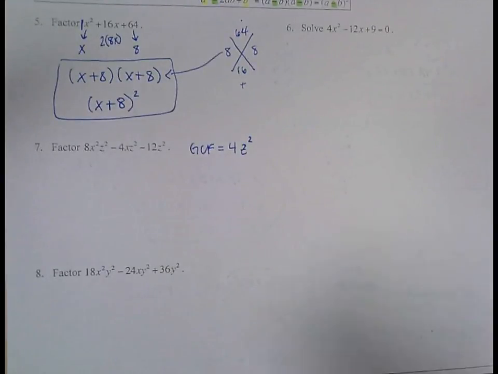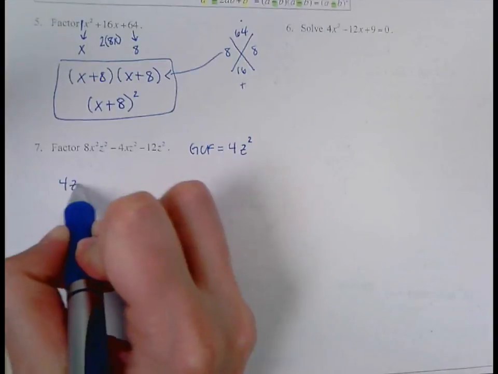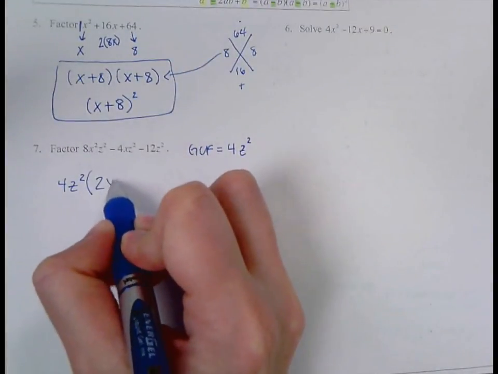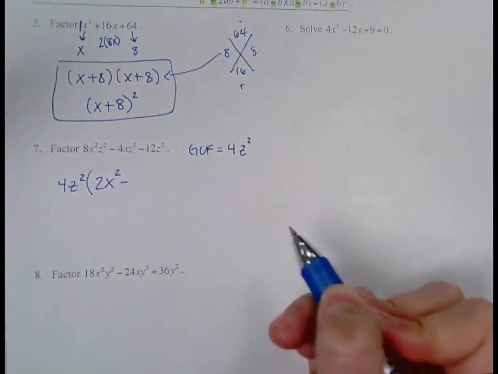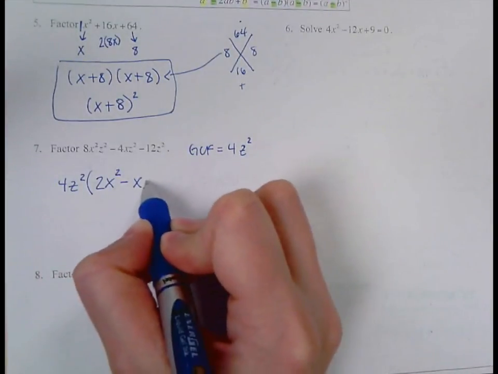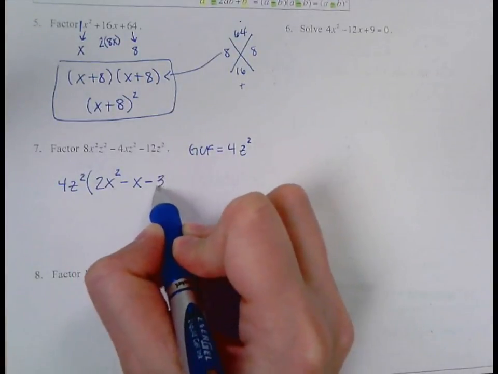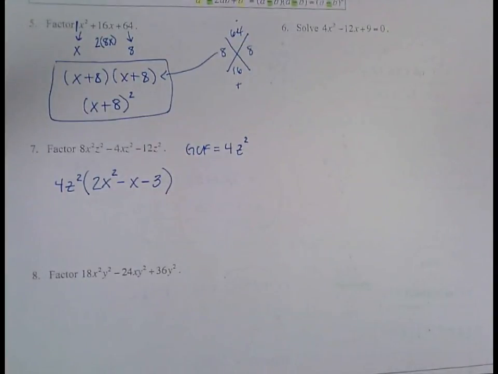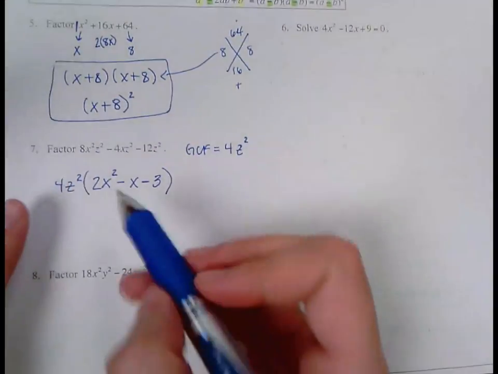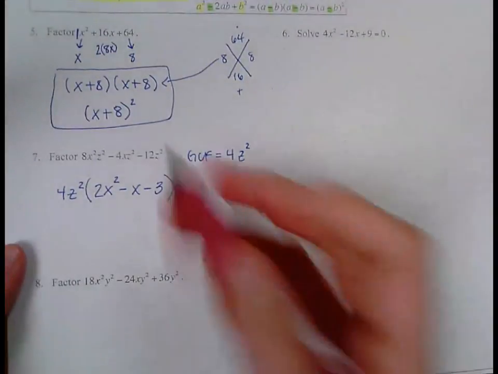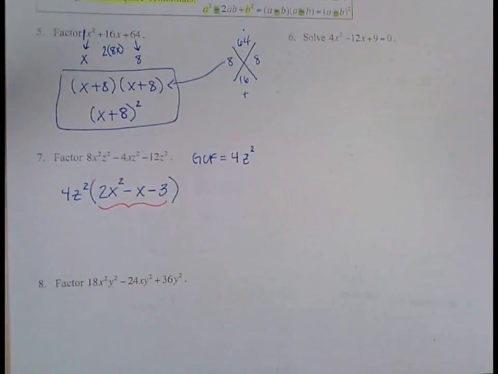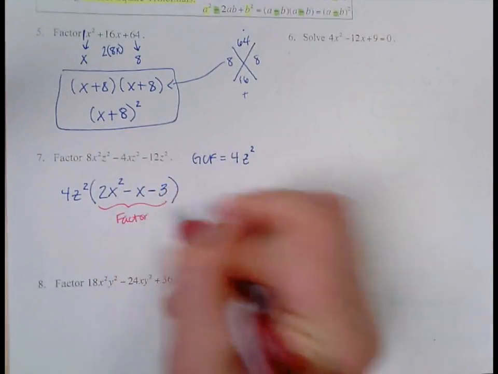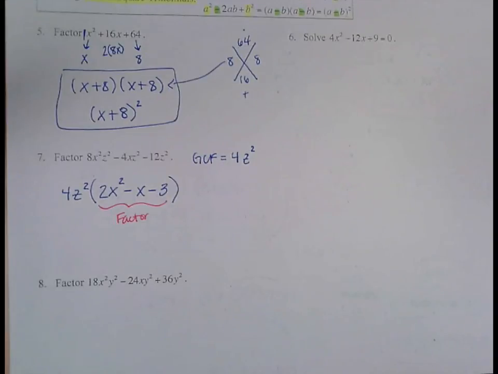So if I factor out 4z squared, I'm then left with 2x squared minus 1x, or just minus x, and then minus 3. And now if I ignore the GCF, it's still part of my answer, but if I ignore it for now, I have a trinomial that is in the form ax squared plus bx plus c. And now I can try to factor this, or see if it factors.